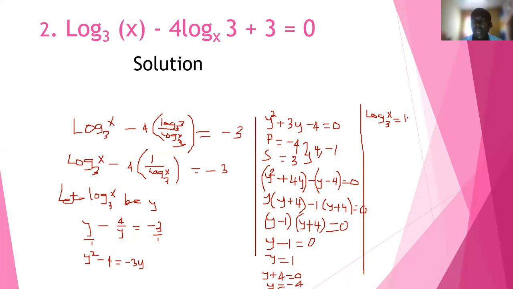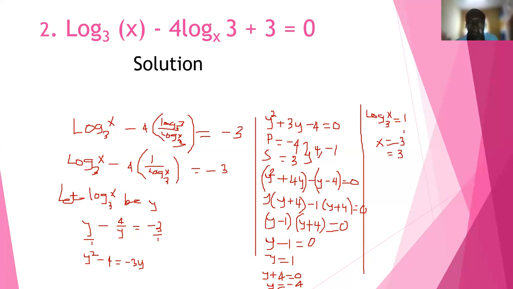So to mean, if you write this in indices form, where this one comes here, then this x replaces that one. So we'll have x is equals to 3 raised to power 1, which is just 3.